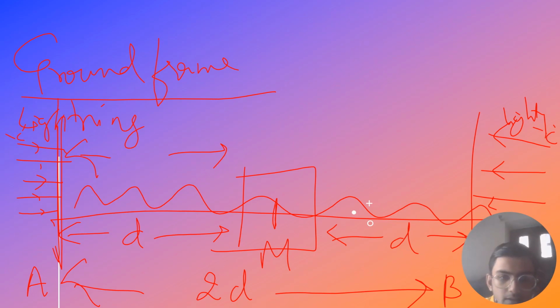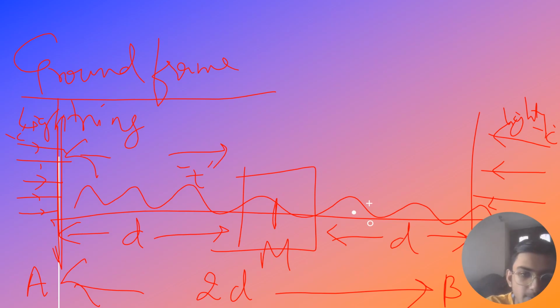Suppose the time taken by lightning from end A to the midpoint M is t.